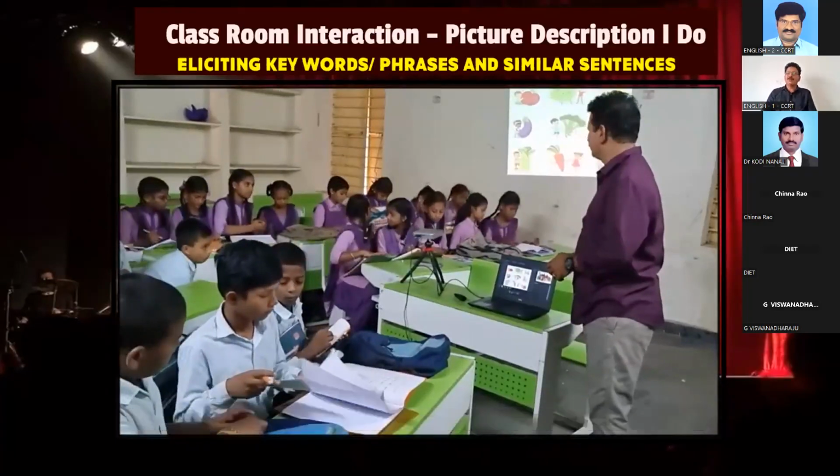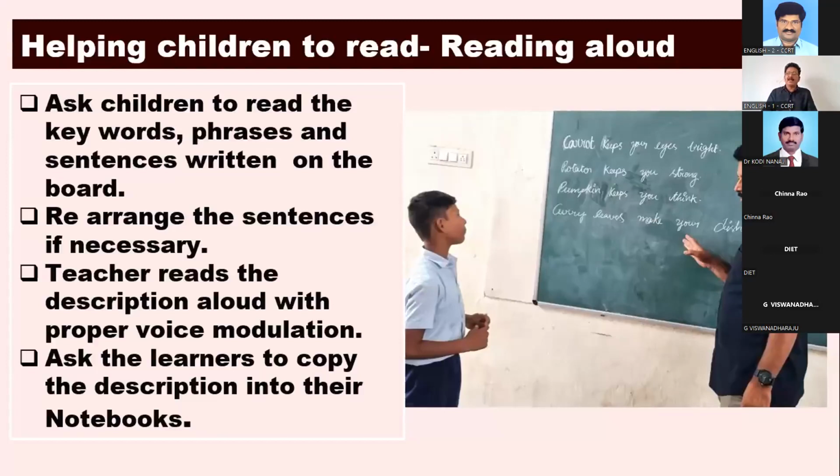So this is how we help our children to come and read some of the words, phrases, and sentences. Now you can see, call some of the students as we have done in the picture, and let them read each and every word, phrase, and sentence.